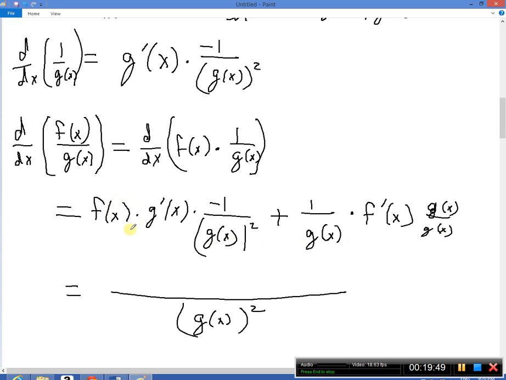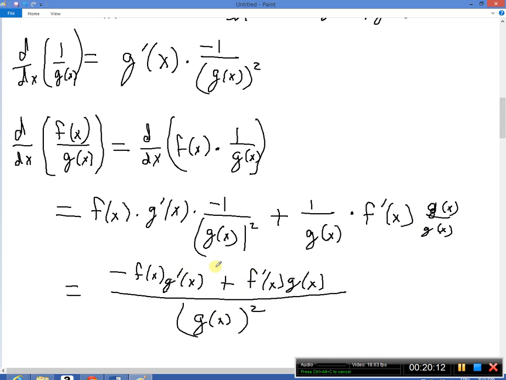So the first term is going to stay the same, except I'll have a minus of minus f of x g prime of x and then I'll have a plus, and over here it's going to be f prime of x, g of x. And lo and behold, you've got your common denominator, everything is right.